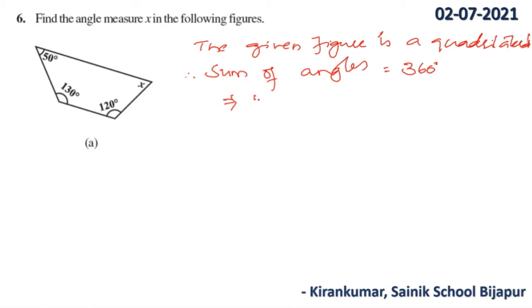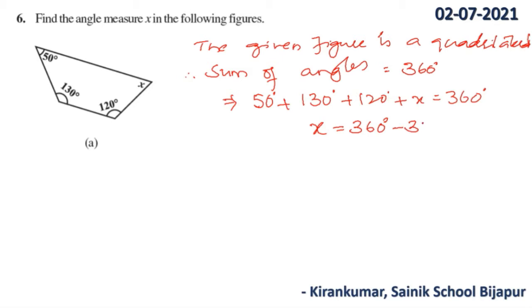The given angles are 50 degrees, 130 degrees, 120 degrees and x degrees. So the measure of x will be 360 minus the sum, 300. So the value of x is 60 degrees.